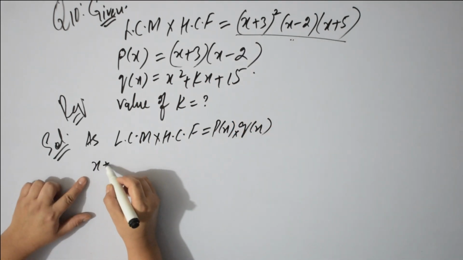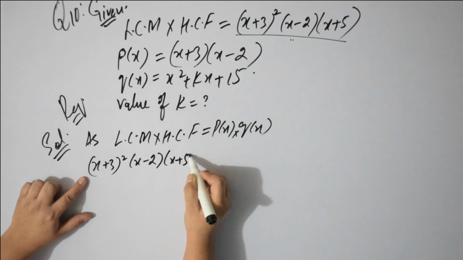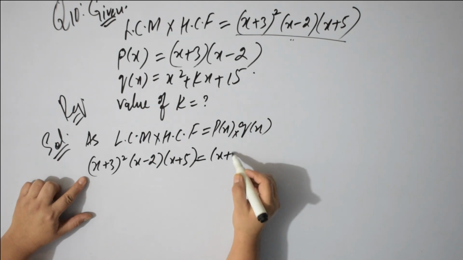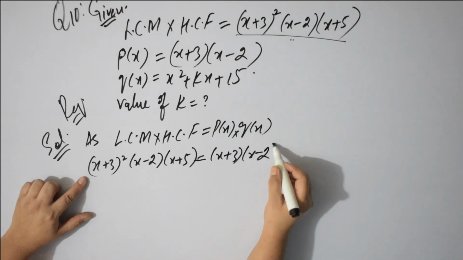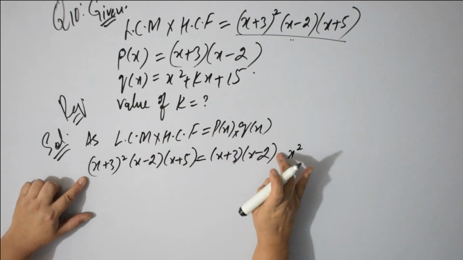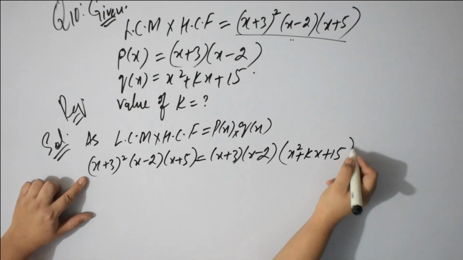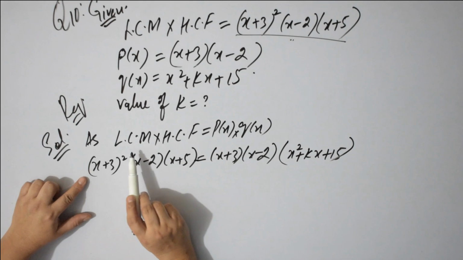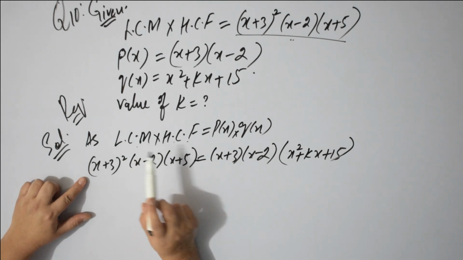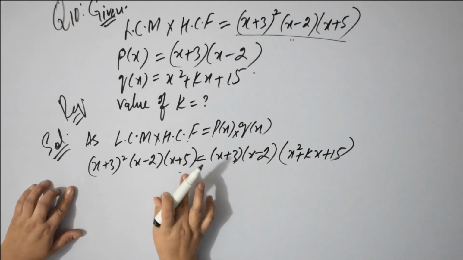I am putting the values: x plus 3 whole square, x minus 2, x plus 5, and the value of p of x into the value of q of x, which is x square plus kx plus 15. Students, I wrote this relationship between HCF and LCM, then I put the values, and the values are given.